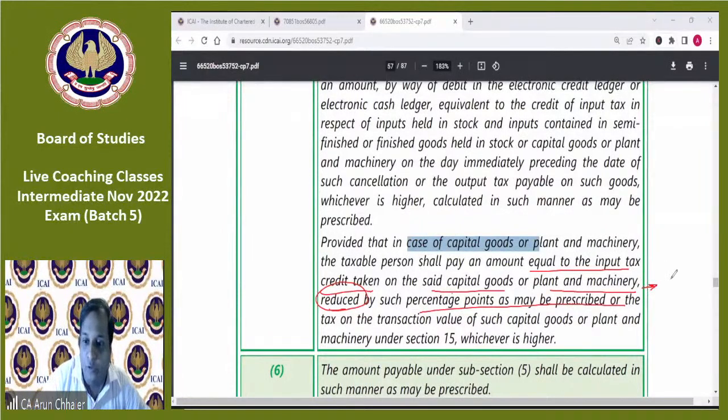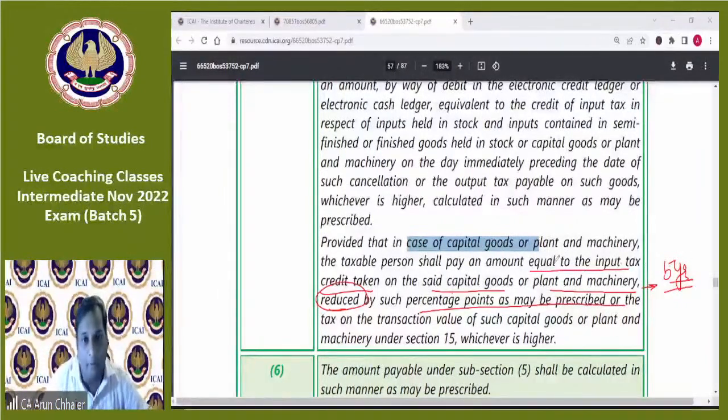The life of capital goods is 5 years, and we have done the practical example in the ITC chapter, so I will not repeat it here. You can refer to Section 18 and Rule 44, which we discussed in the ITC chapter.